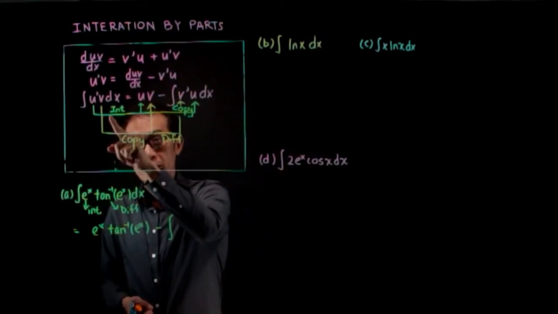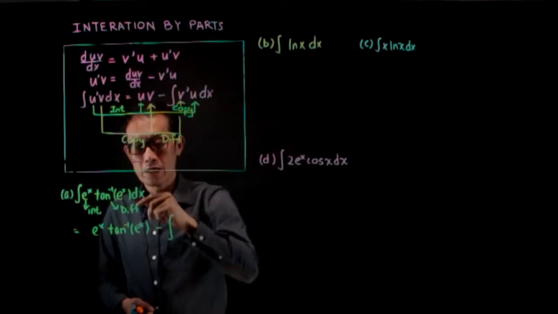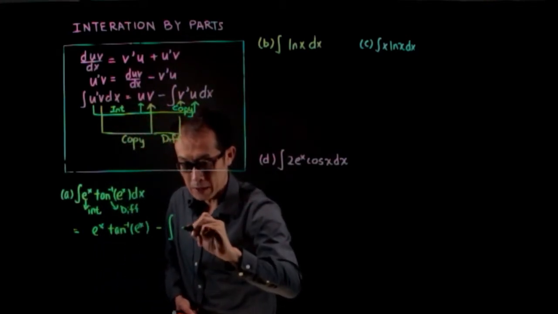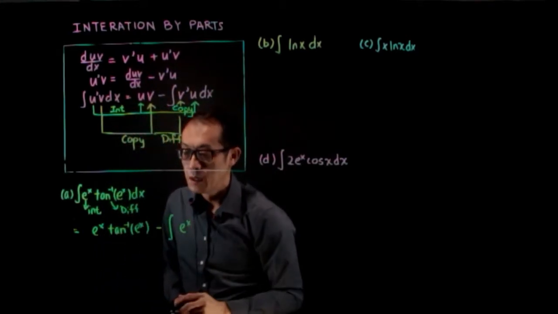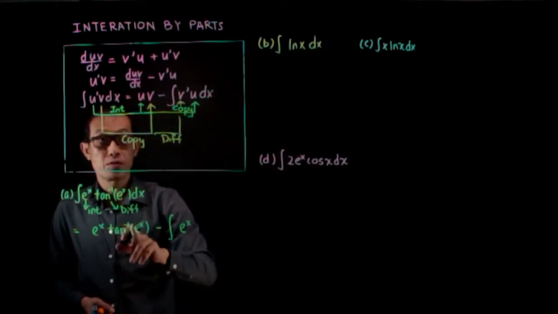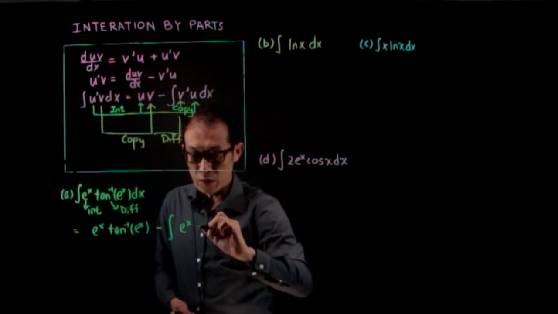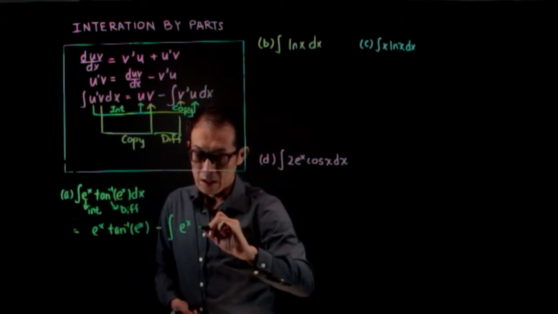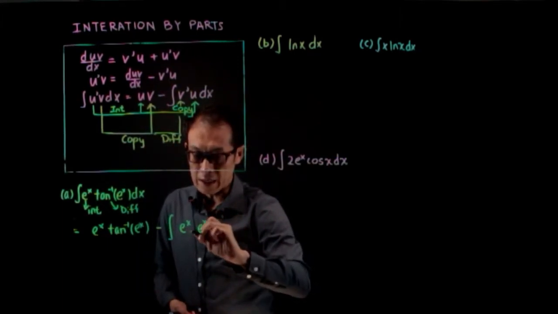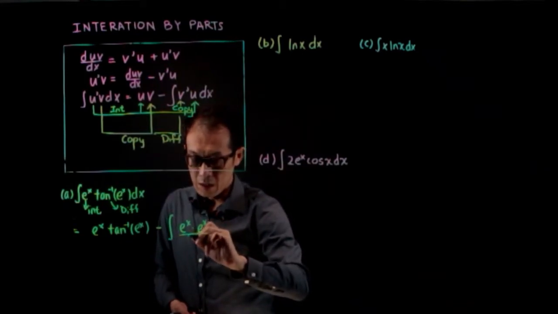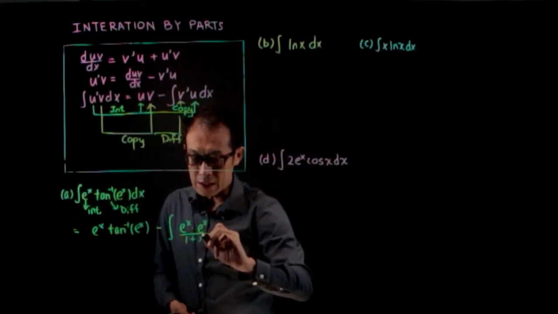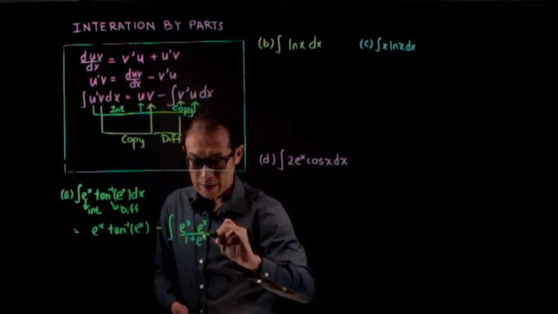What you have integrated, you copy it over here, then I differentiate it. What do I get when I differentiate this? I get e to the power x over 1 plus e to the power of x squared.